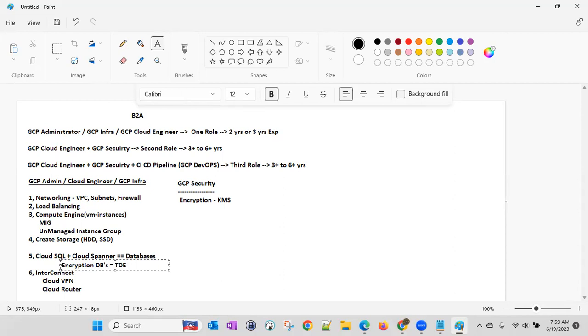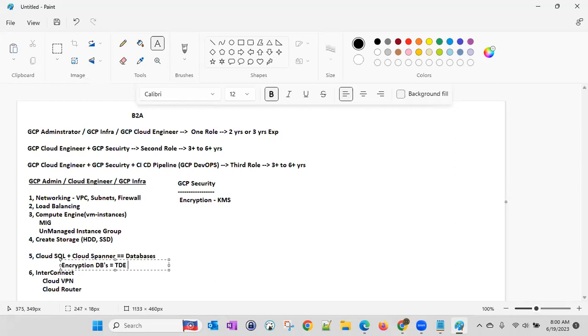Only very unique persons will know this topic, because even if you know cloud engineer or infrastructure or GCP or DevOps, encryption in Cloud SQL is very difficult, and a lot of people don't know.